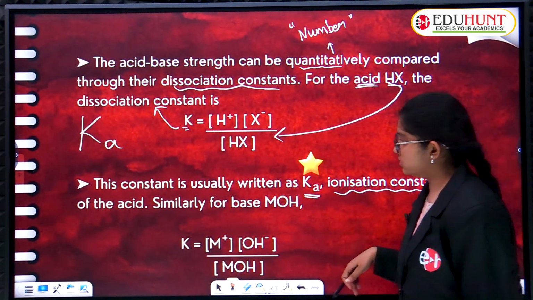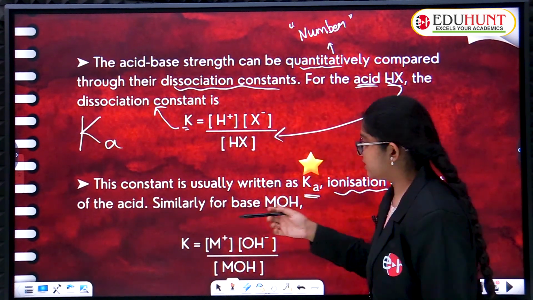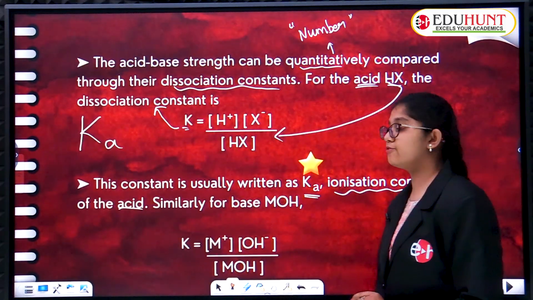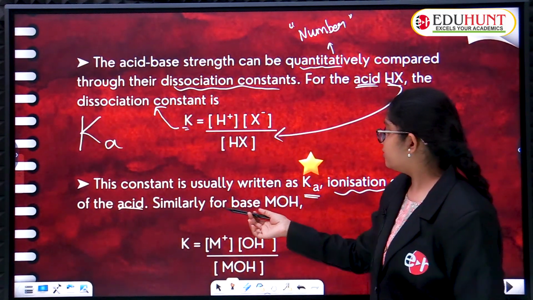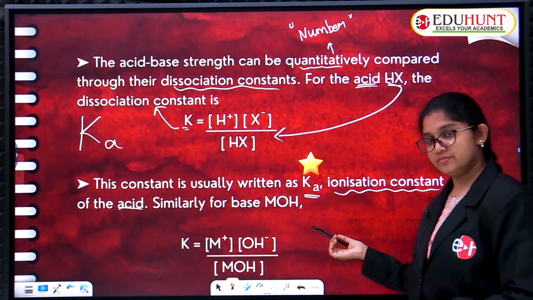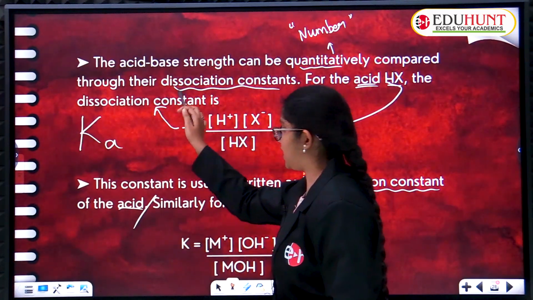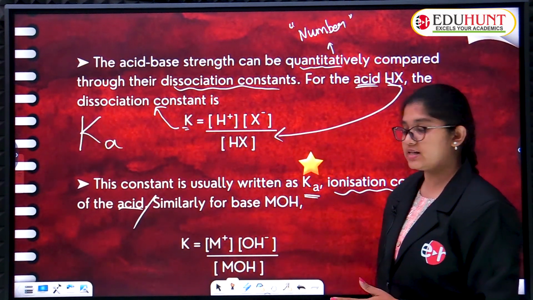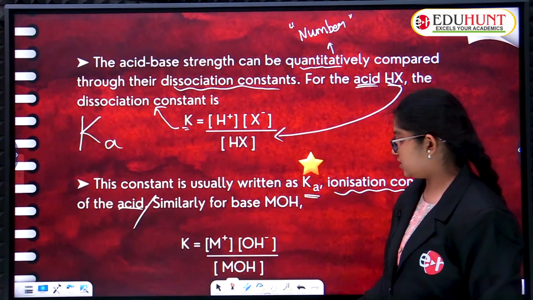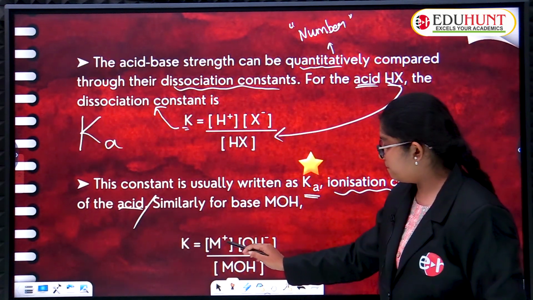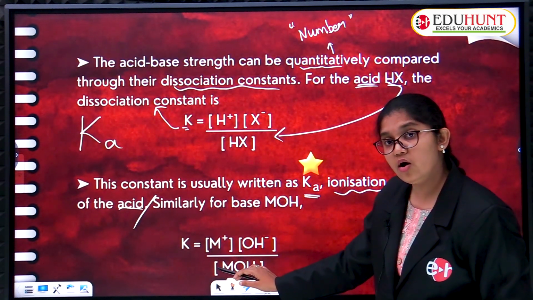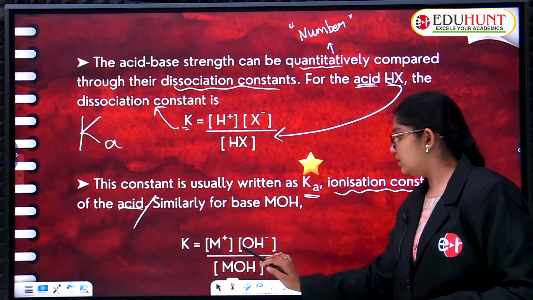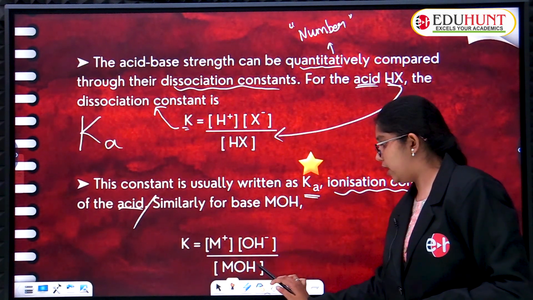Okay, here the a means acid, small a. Now, similarly for a base such as MOH, up to here is particular to the acid, and from here it is different. For base MOH, the representation is K equals M plus, which is a cation or positive radical, into OH minus, by the formula MOH.